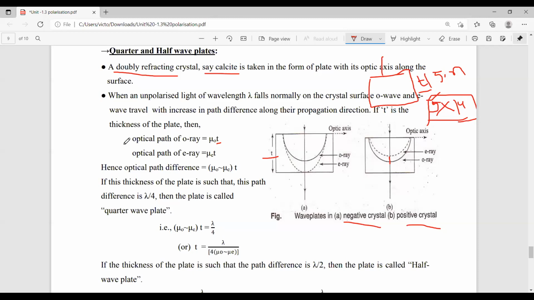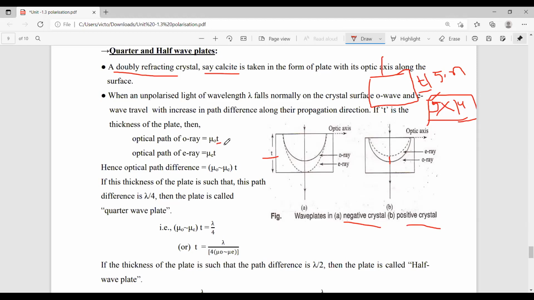Similarly, here the path traveled by the O ray, you cannot write only the distance T. You compulsorily multiply with the refractive index. So the refractive index of the O ray is indicated by mu naught.